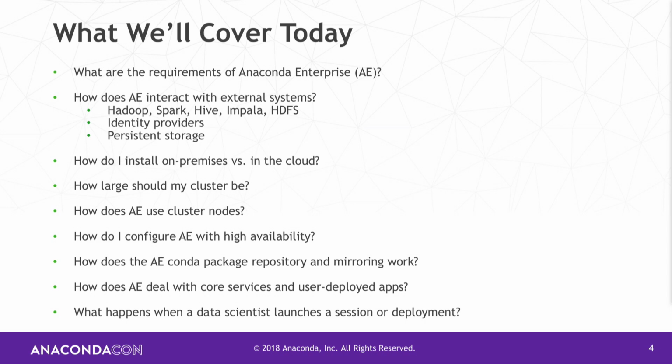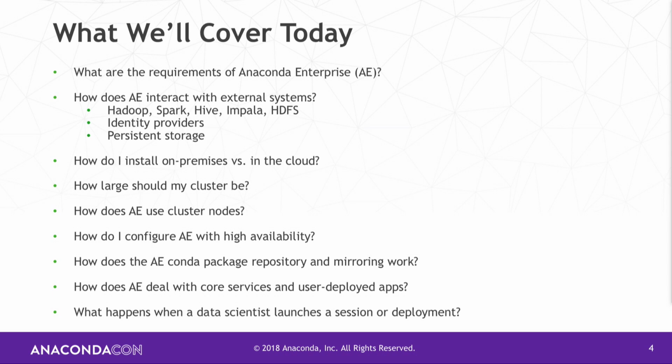So some of the questions we get are, what are the requirements? How do I get it up and running? How does Anaconda Enterprise interact with external systems? Daniel talked a lot about Spark and Hadoop. We also work with Hive, Impala, HDFS, other databases, other online data sources. How do I install on-premises versus the cloud? How large should my cluster be for X number of users, X number of consumers? How does Anaconda Enterprise use a cluster?